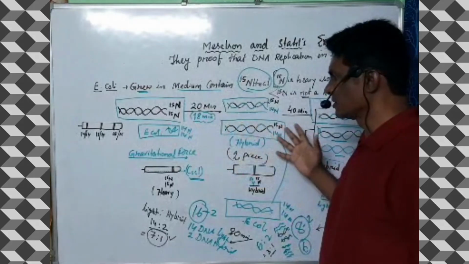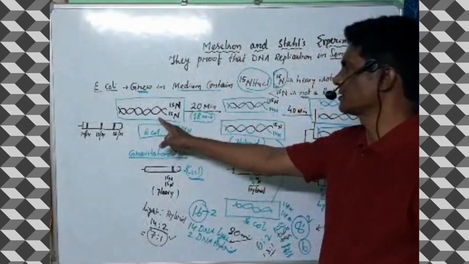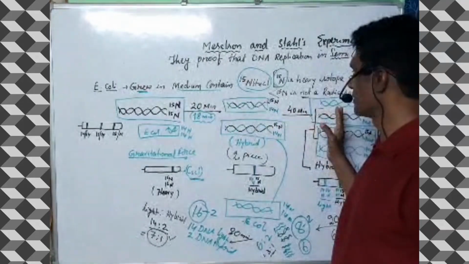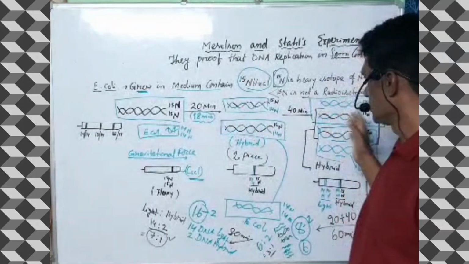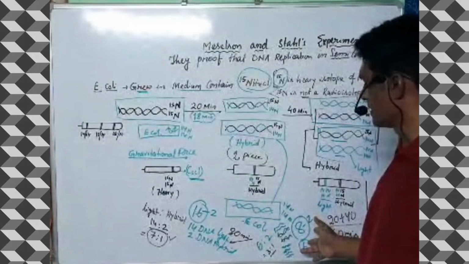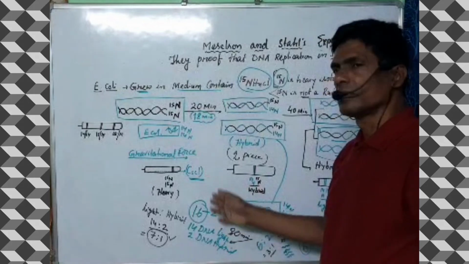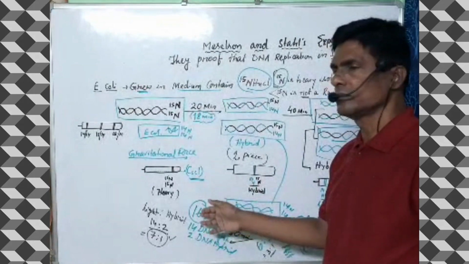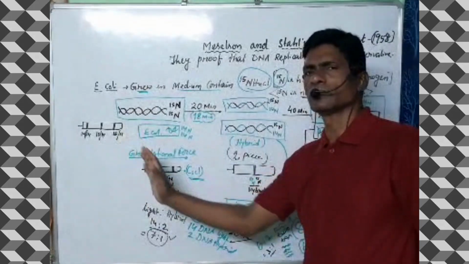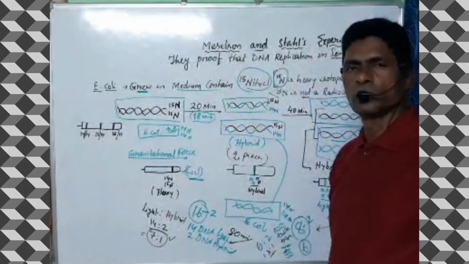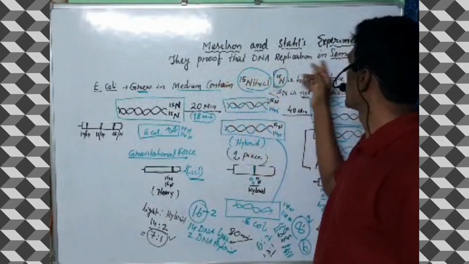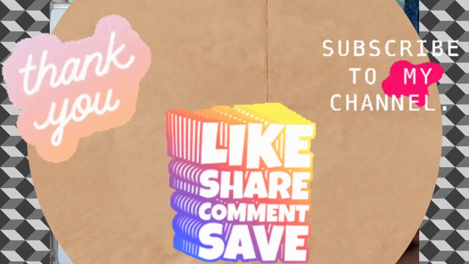So for any numerical question, you can find the first generation 2 are hybrid, second generation 4, 2 are hybrid, 2 light, third generation again 8, out of it 2 hybrid, 6 light, and next generation 16, 16 minus 2, 2 hybrid and the rest light. Like that, however many generations continue, every generation he observed that 2 are hybrids. That means he finally proved that DNA replication is semi-conservative.